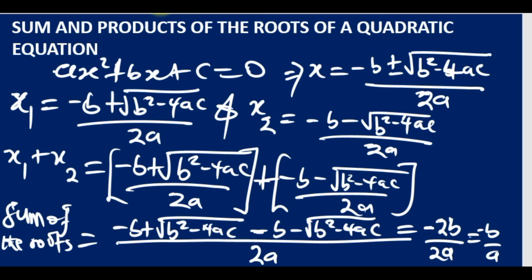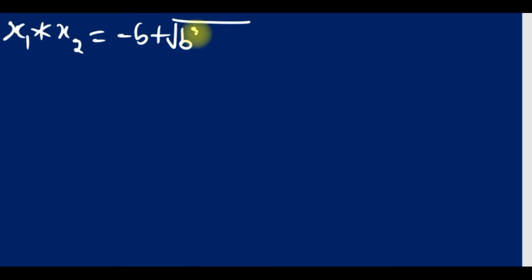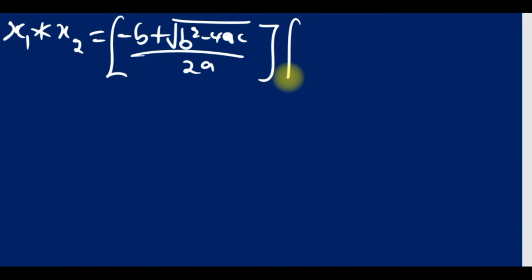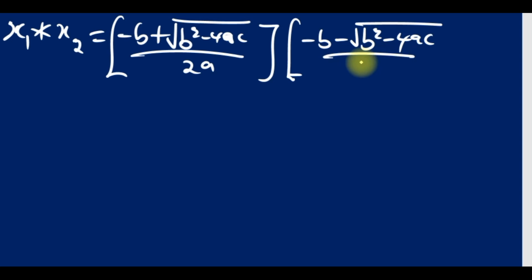So let's do the product. In that same way, if you now multiply, that's x1 times x2, which is minus b plus that over 2a, times minus b minus the square root of b squared minus 4ac over 2a.